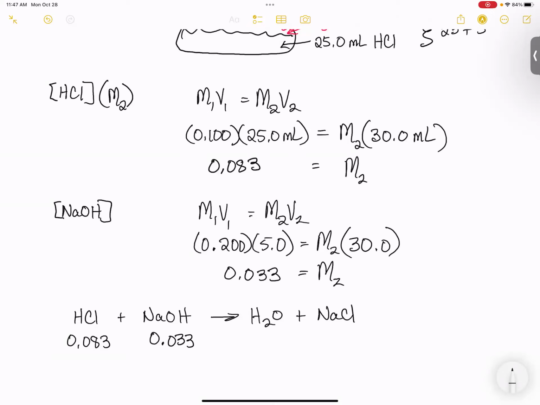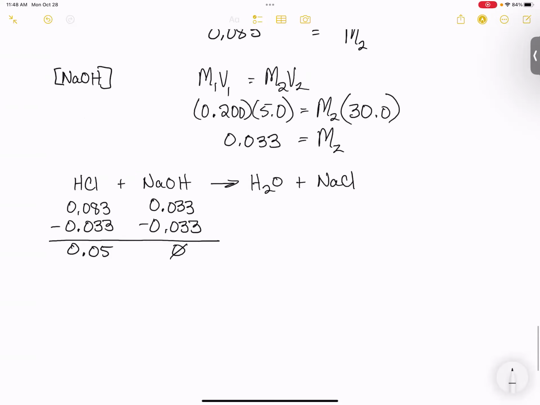So whoever's in the lowest quantity is going to get used up. So in this case, we're using up 0.033 in our process, and what we have left is 0.05 molar of our acid and none of the base.